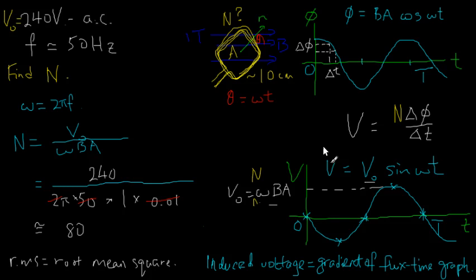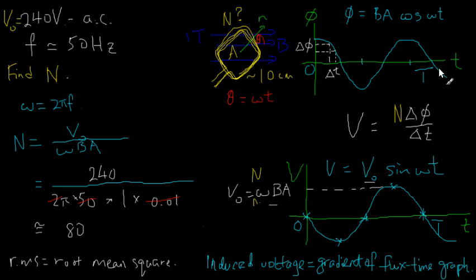In the last video, I talked about how if you have a rotating coil in a uniform magnetic field, the flux going through the coil would have this formula with a cosine and the time in the argument. I explained how, by comparing this cosine graph with the displacement-time graph in simple harmonic motion, the induced voltage is related to the flux in the same way that the velocity graph is related to the displacement graph in simple harmonic motion.